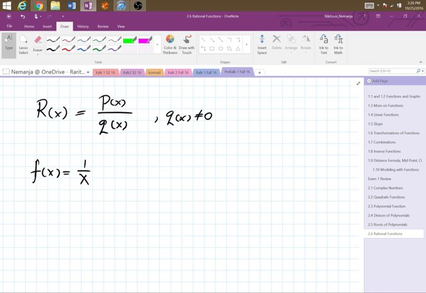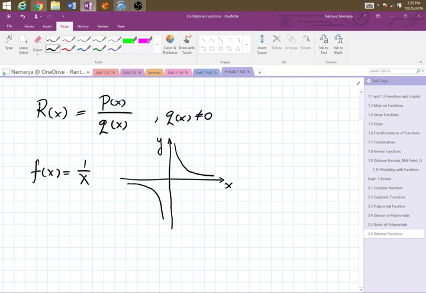You will be memorizing the graph for this. So you'll be memorizing this graph. And we have x and y.